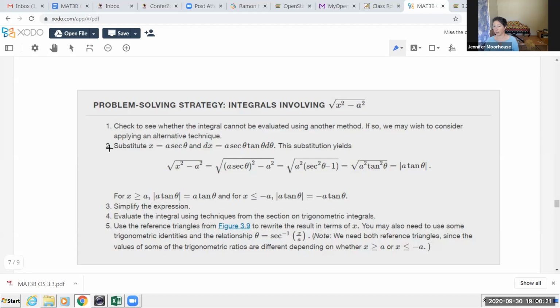And assuming that it's not, you make x be a secant theta, dx then is the derivative of secant, a secant tangent. The square root simplifies to just tangent, and then you do whatever you have to do to simplify, evaluate using techniques of trig integrals, and then reverse the substitution at the end.